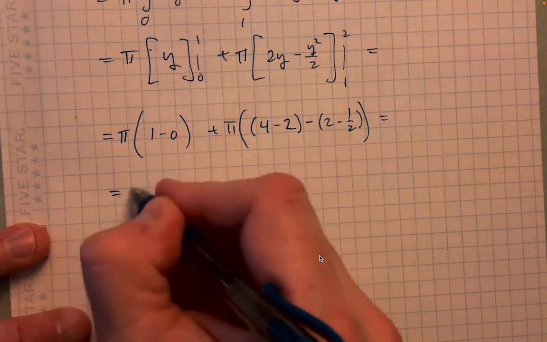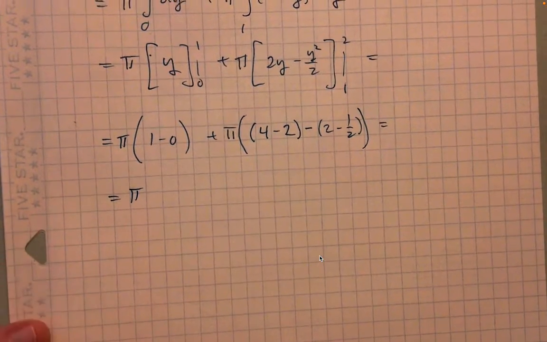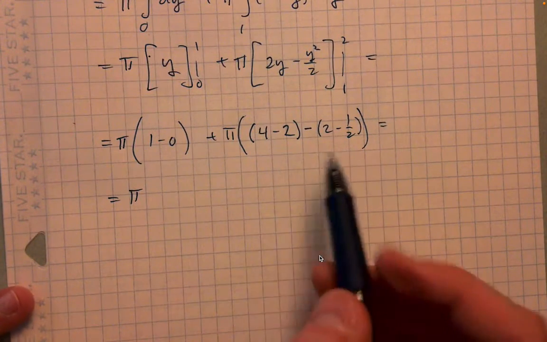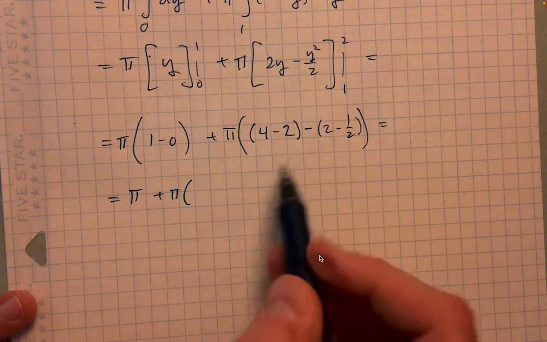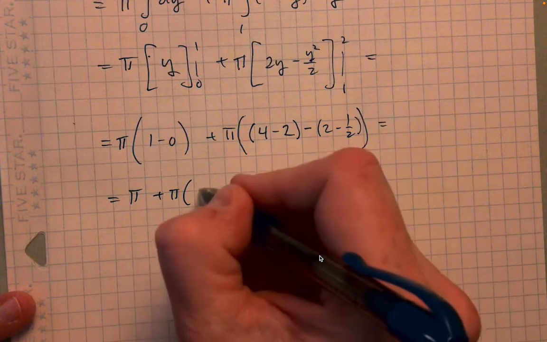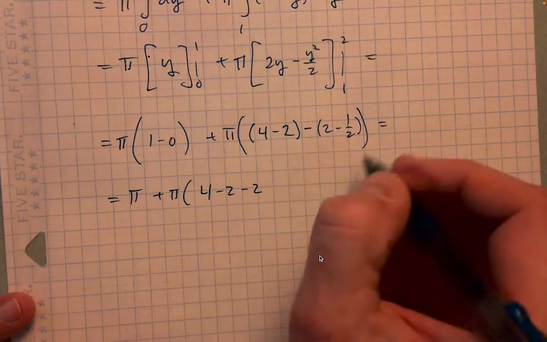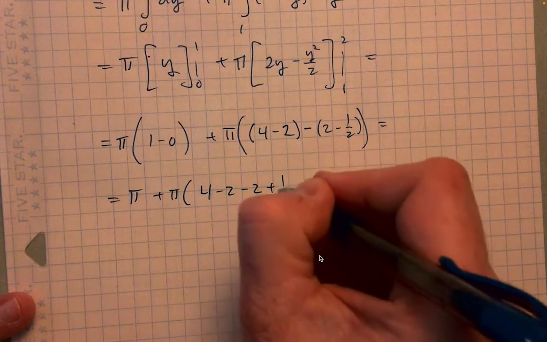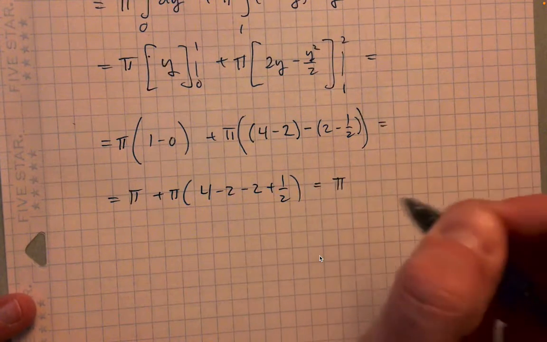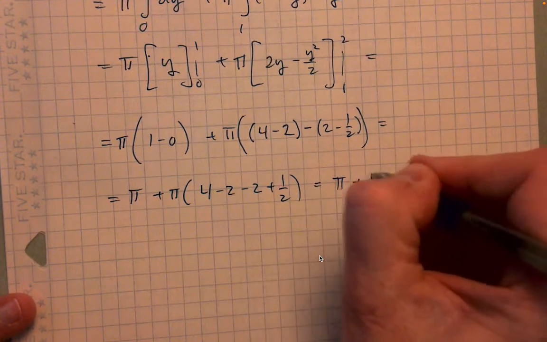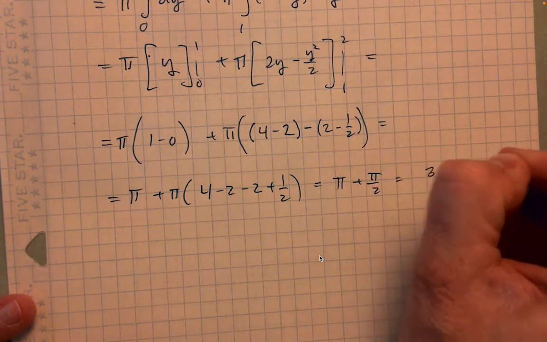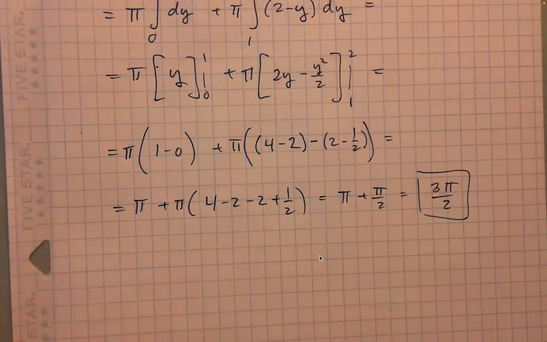Okay, so I have pi in the front, and then it's going to be plus pi, and then what do I have here? 4 minus 2 plus a half. So I get pi plus pi over 2, so 3 pi over 2 is the answer.